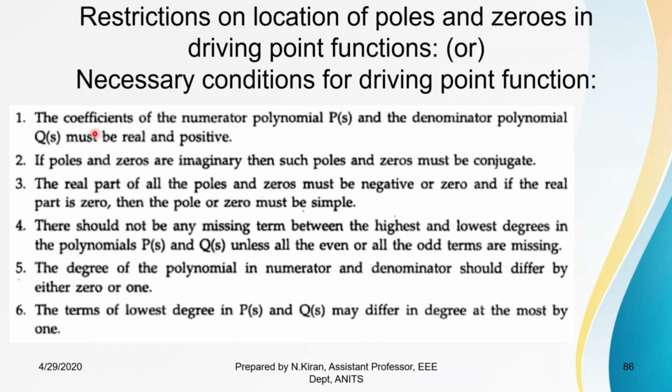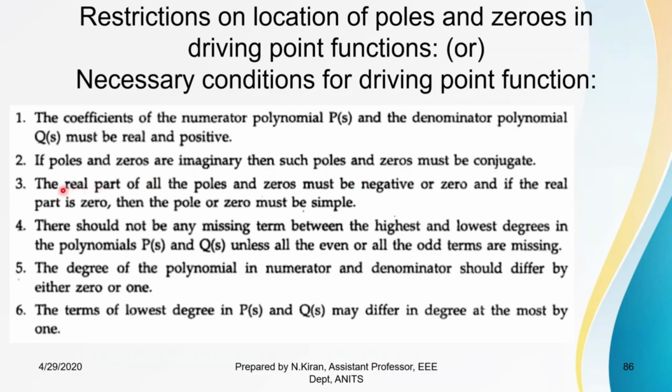So the first condition is all the coefficients of both numerator and denominator must be real and positive. The second condition is if the poles and zeros are on imaginary axis, they should be conjugate, that is existing in pairs.